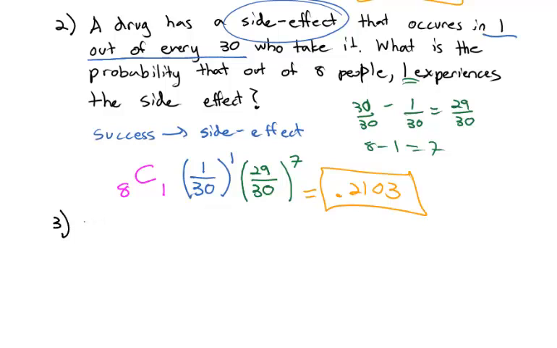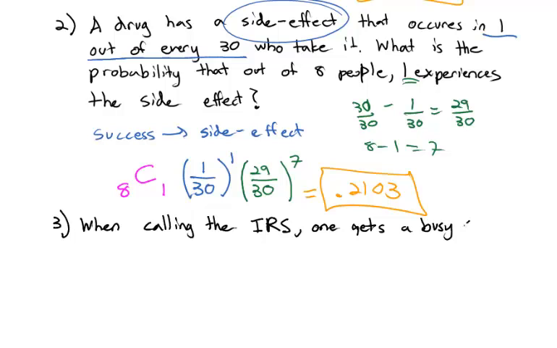So for example, when calling the IRS, one gets a busy signal 62% of the time.